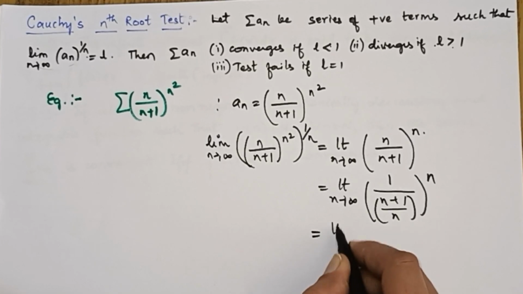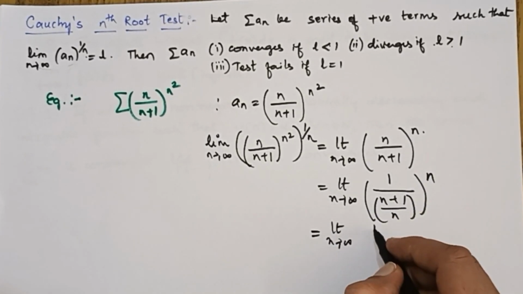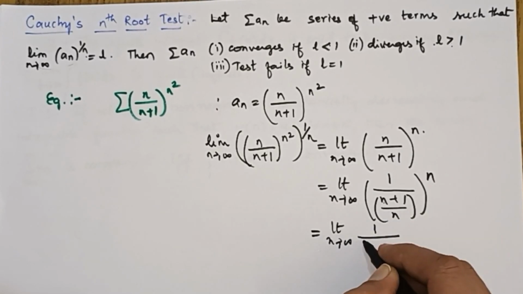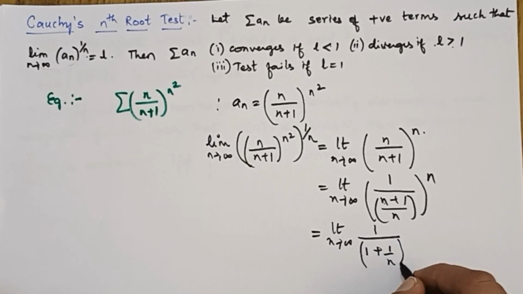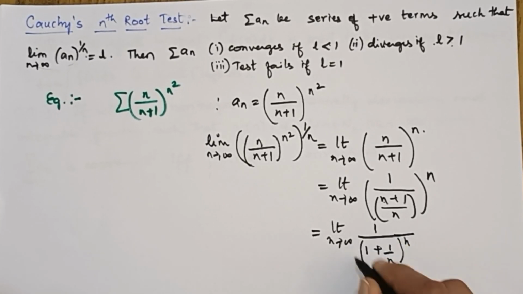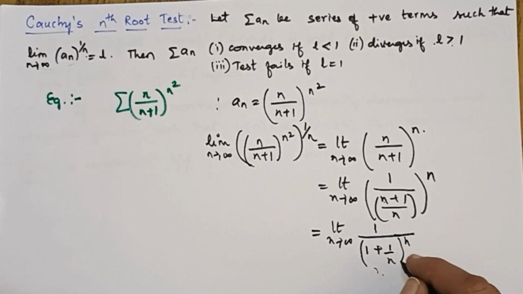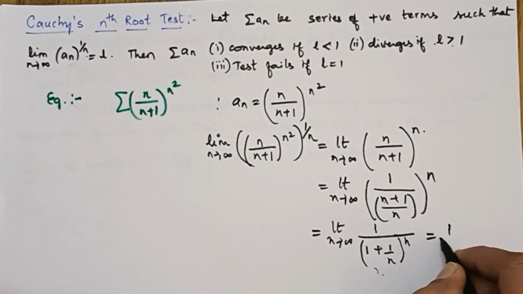This is equal to limit n tends to infinity 1 to the power of any value, which is 1, divided by, this can be simplified as (1 plus 1 by n) to the power n. When you apply the limit, this is a standard limit, it is always equal to e. So this is equal to 1 by e.